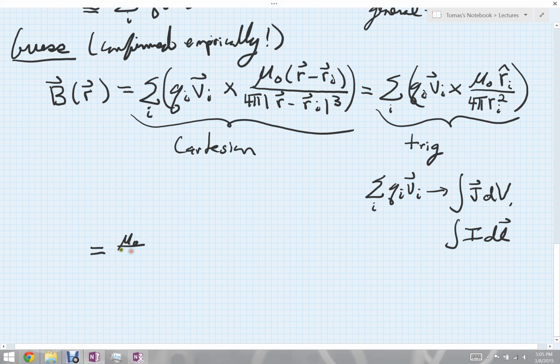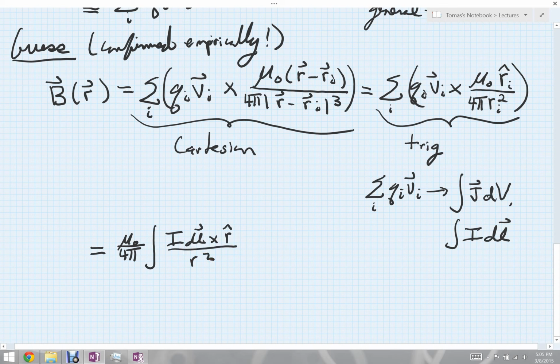Mu naught over 4 pi times the integral then of what's left over is QV is going to turn into I dl cross then with my trig form. So it's going to be I dl vector cross with r hat divided by r squared.